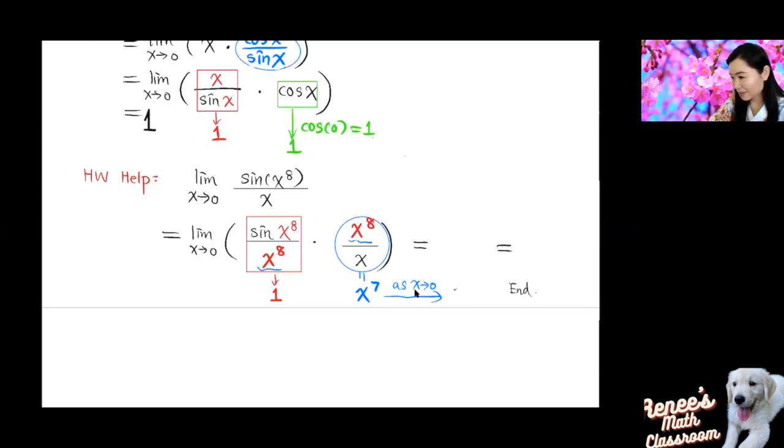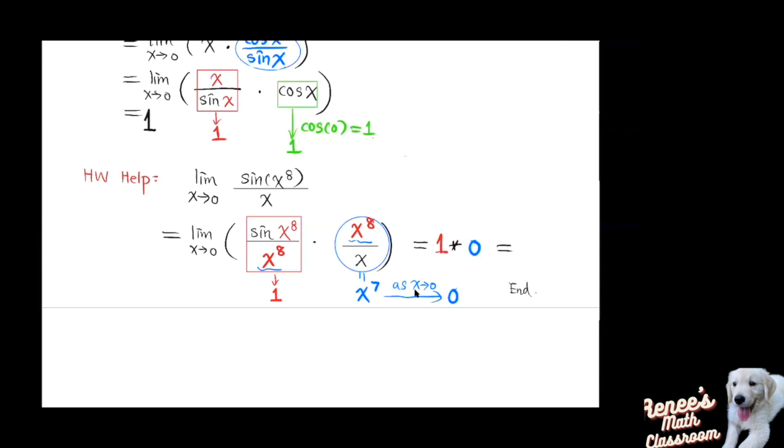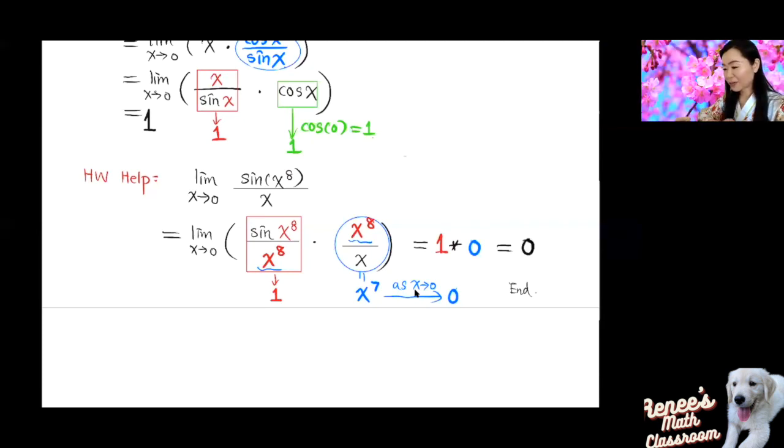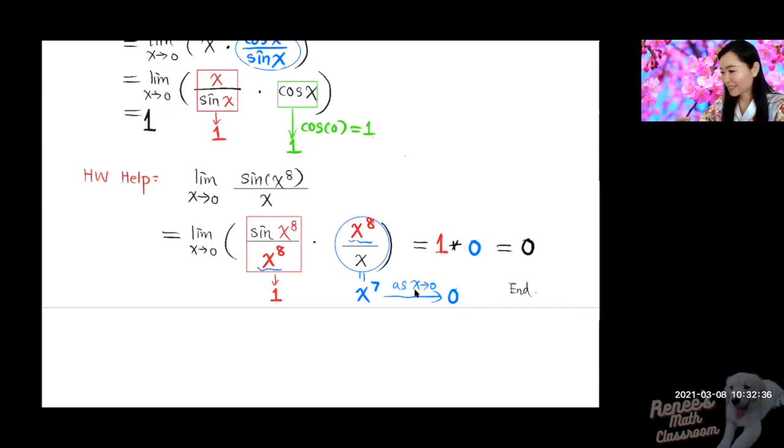It goes to 0. Now you have this 1 times 0. The limit of this is 1. The limit of this is 0. So you have 1 times 0, which is going to be 0. So that's how you do your homework. So just a hint for this homework problem. The lesson ended. Okay, any questions?